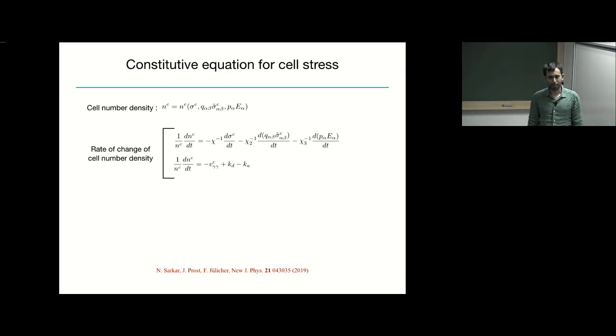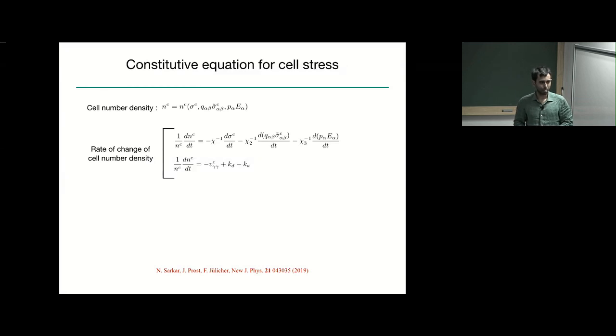Why is it the time rate of change, d by dt? If P and E are not aligned, then maybe it will stretch or pull, so it will try to align. And if it aligns, then the cell division or apoptosis takes place, right?